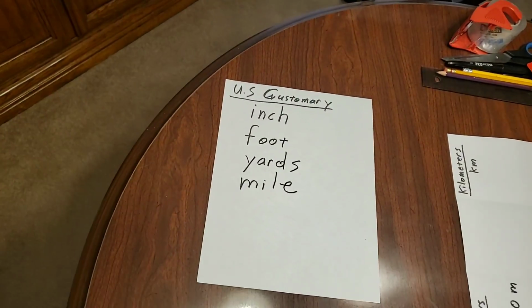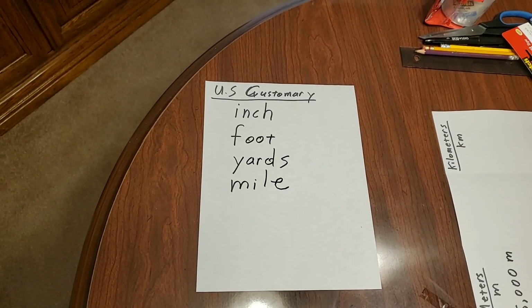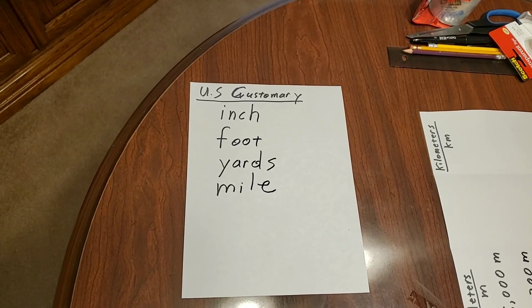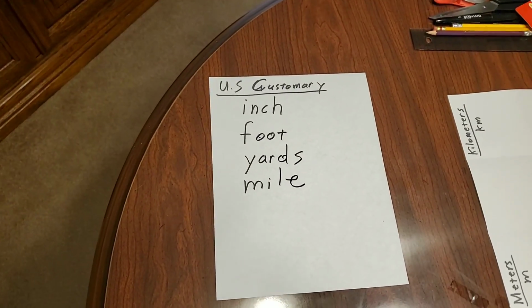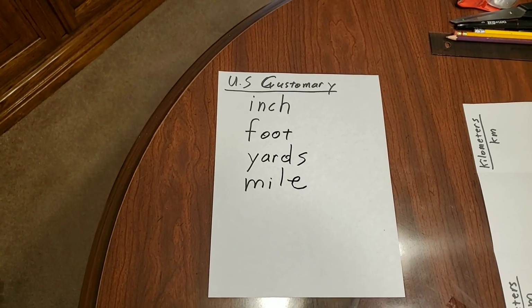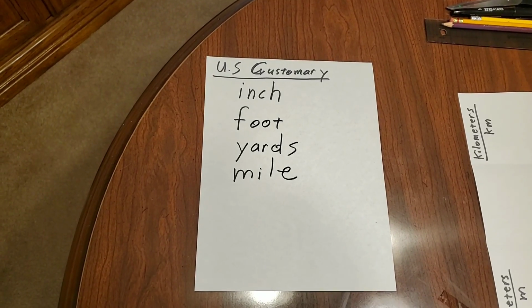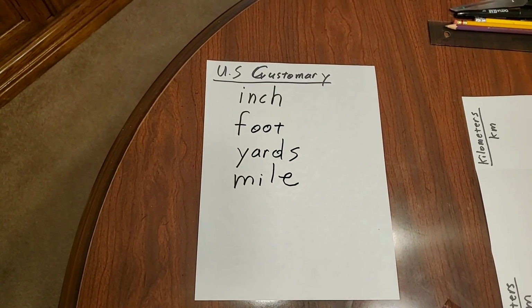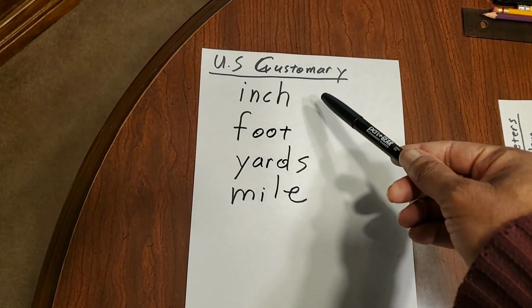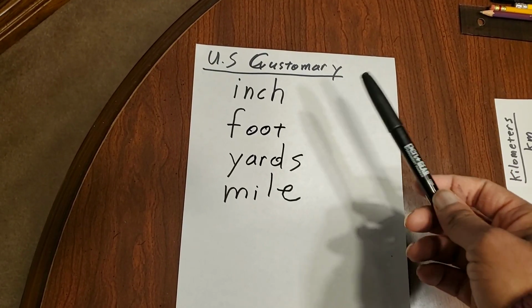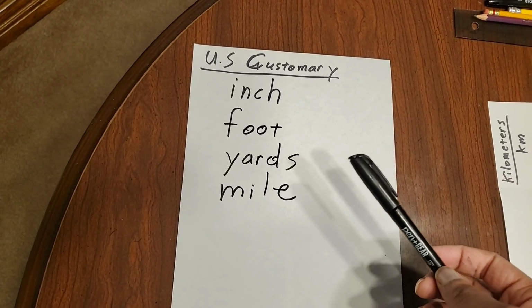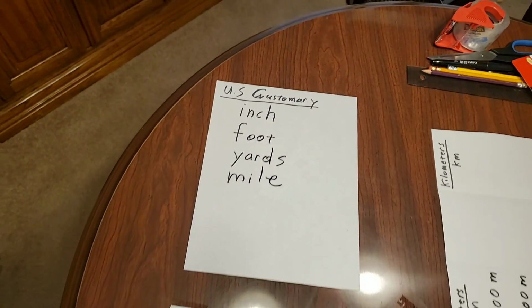So, last time I asked you all the question, what units can you use to measure the length of an object? So we went over the US customary units, meaning you can measure objects in inches, feet, yards, or miles.